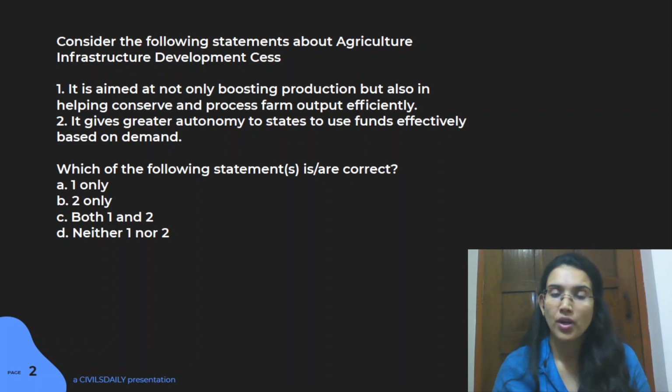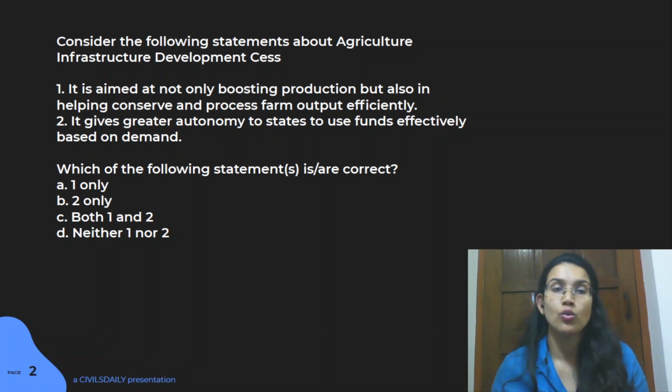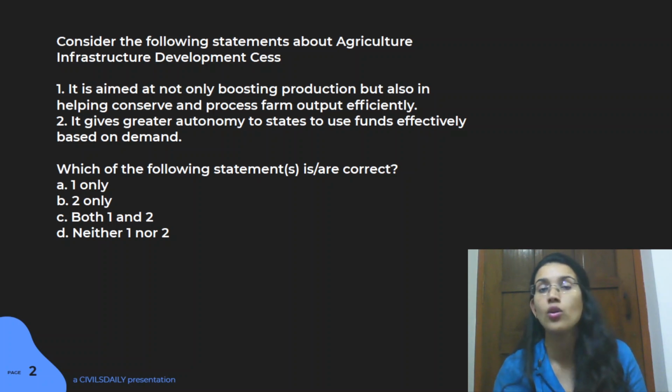Whatever money is collected through cess and surcharge is not actually distributed amongst the states. So the Finance Commission distribution of 41% does not apply to cess and surcharges. All the money collected through cess directly goes to the center, and that whole money is utilized by the center.